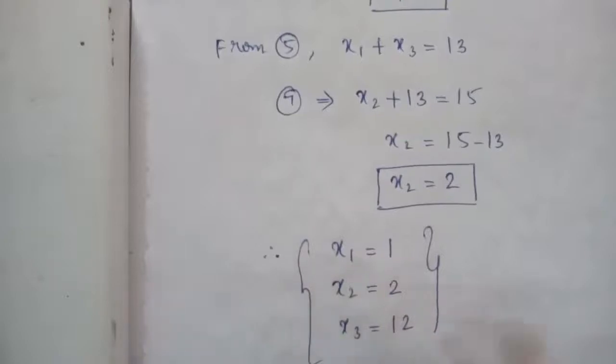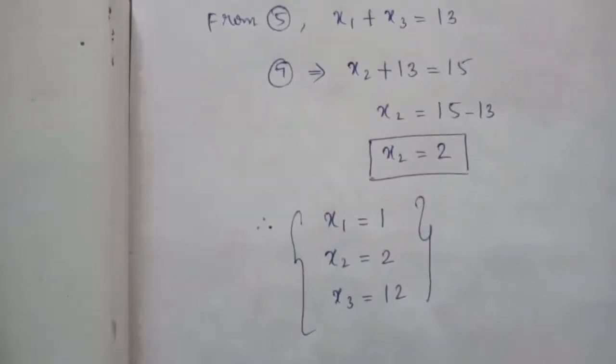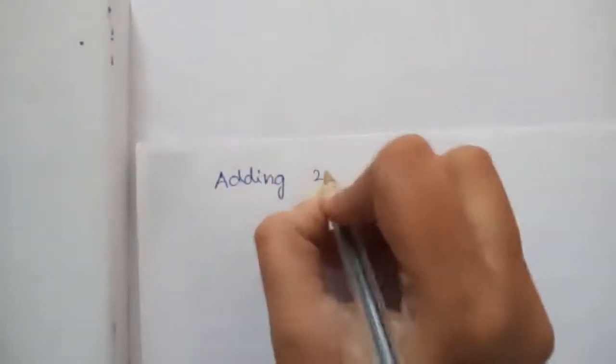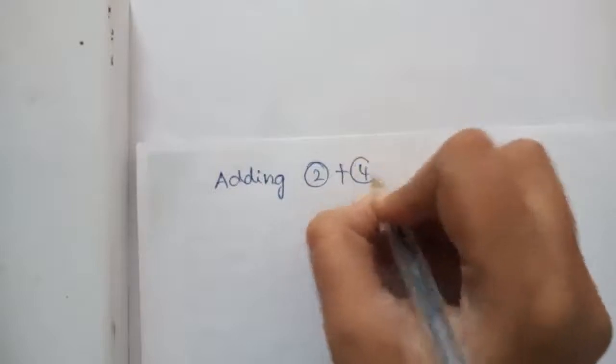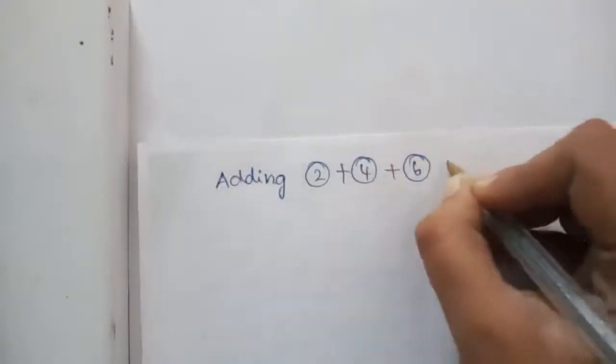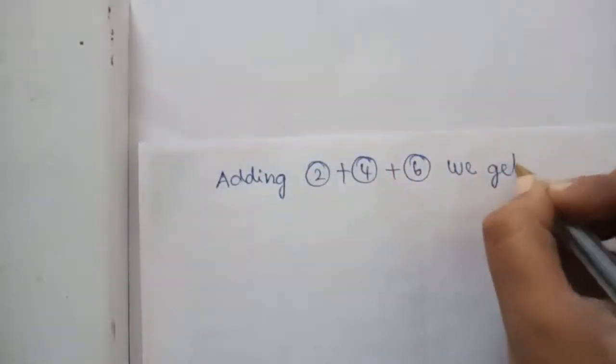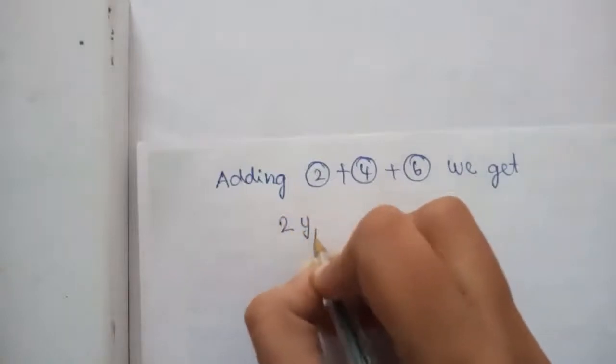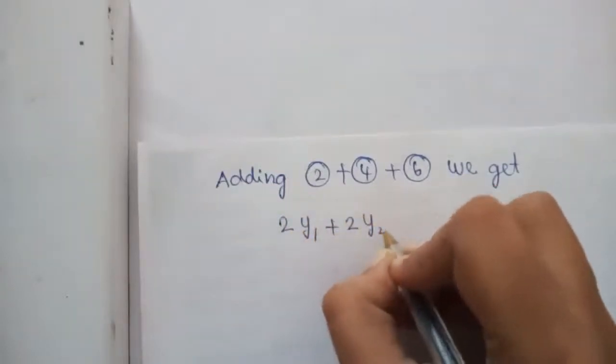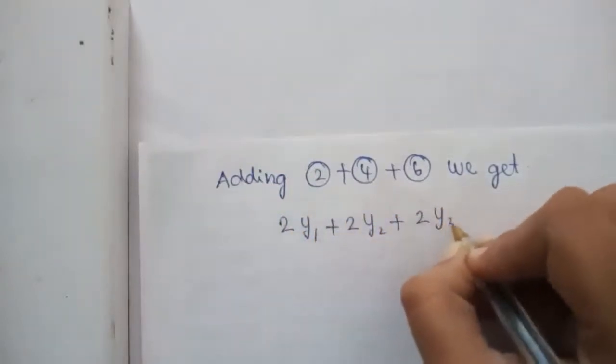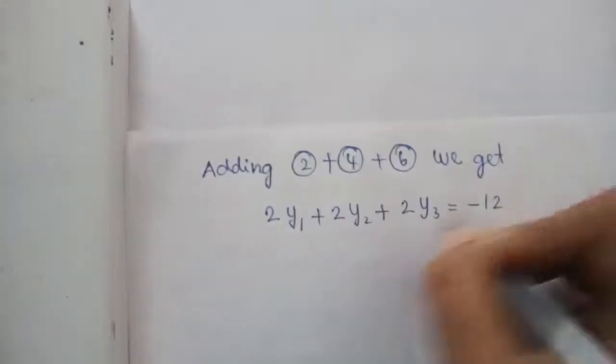So similarly, you just add the y coordinates, that is equation 2, 4 and 6. We get the value of y1, y2 and y3. Adding equation 2 plus equation 4 plus equation 6, we get 2 times of y1 plus 2 times of y2 plus 2 times of y3 is equal to minus 12.